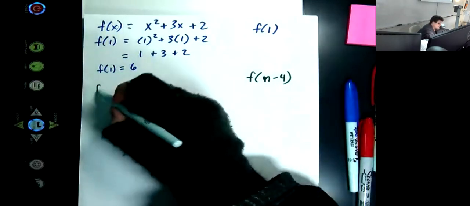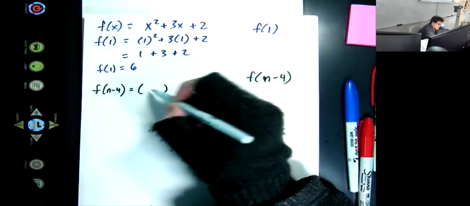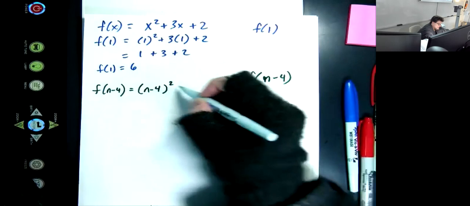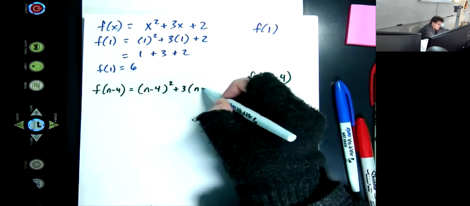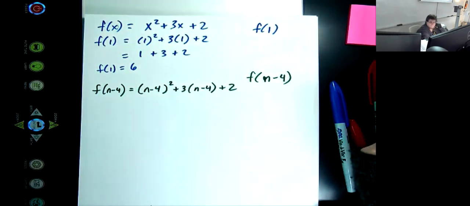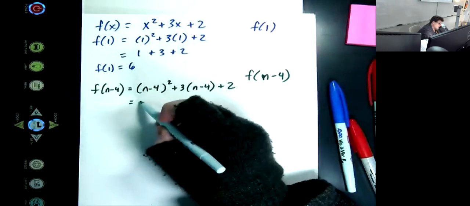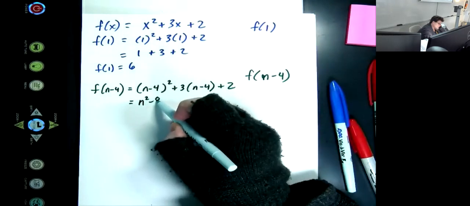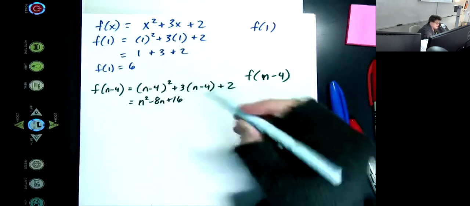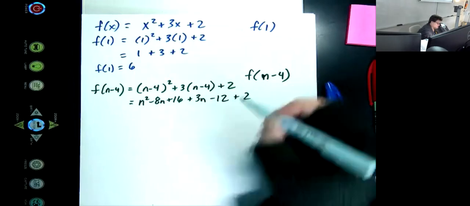We do the same thing for f of n minus 4. Everywhere I see an x, I'm going to replace it with n minus 4 in parentheses. This takes a little more work, but when we do it, see what we get. I get n squared minus 8n plus 16 plus 3n minus 12 plus 2.